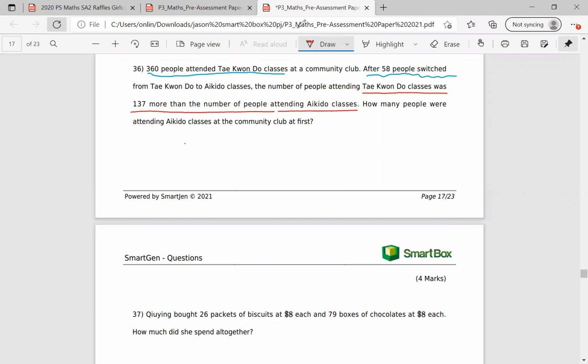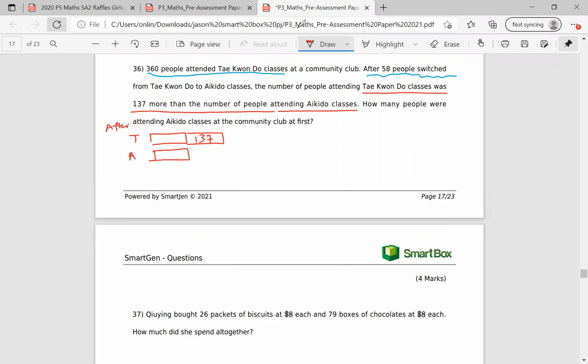Okay. So it means after the switch, the Taekwondo class still has more than the Aikido class. By how much? The Taekwondo class still has 137 more than the Aikido class. This is after the switch. So this is the after.